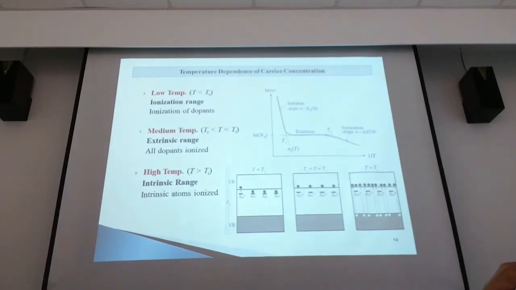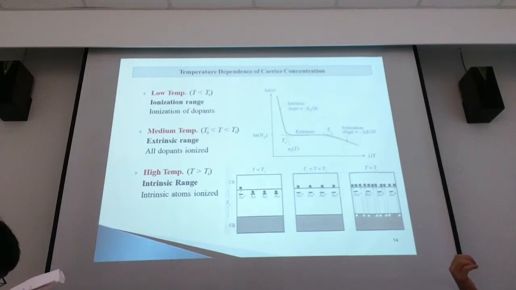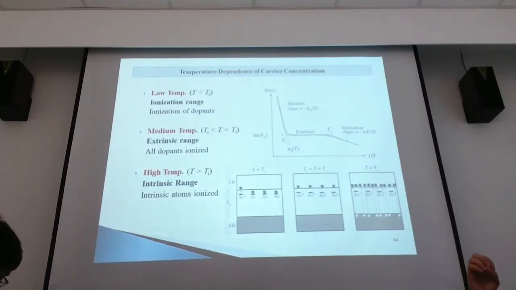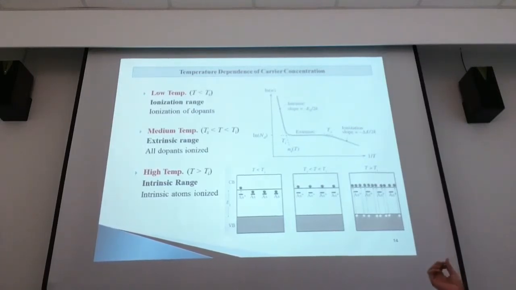Here k is the Boltzmann constant, like in kT. You might know it, right? So at low temperature, you can see T is less than Ts, the ionization range, ionization of dopants. What is ionization? It's making ions out of dopants, basically taking electrons from or giving electrons to it.